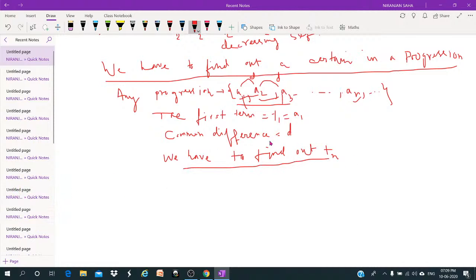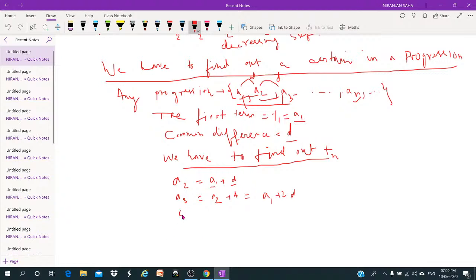A2 can be written as A1 plus D. A3 must be A2 plus D, so we get A1 plus 2D. So I use the first element and the common difference to find out A3.